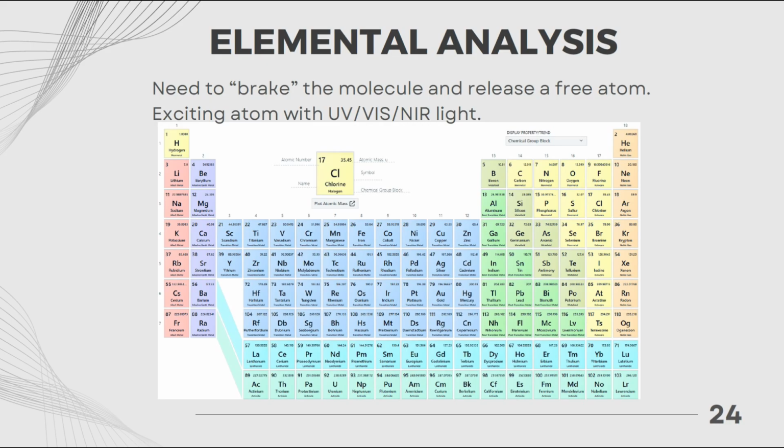Let's speak about the last part of these optical methods, a really important part. It is elemental analysis with atomic absorption and atomic emission methods. So, what do we understand under the term elemental analysis? When we were talking about infrared, Raman spectroscopy, UV spectrometry, we were talking about analyzing molecules mainly.